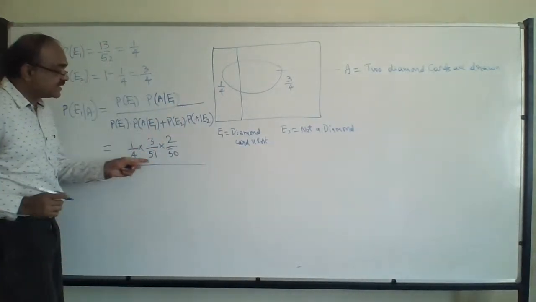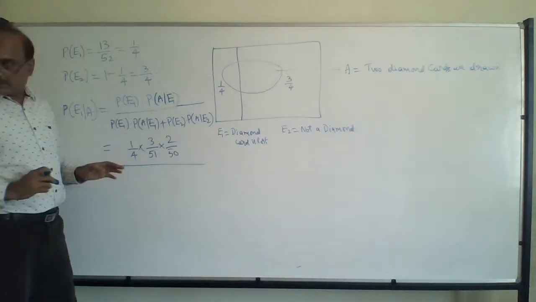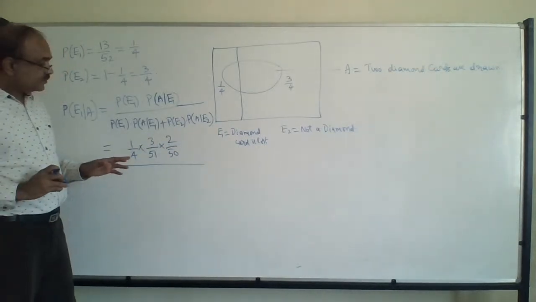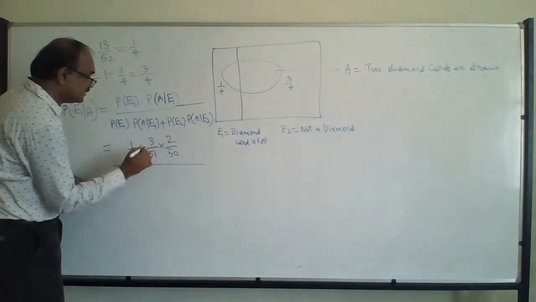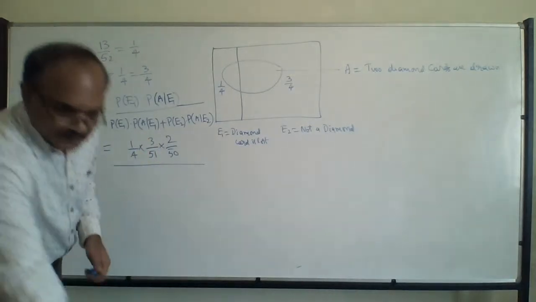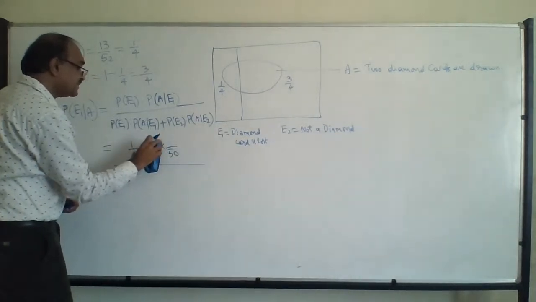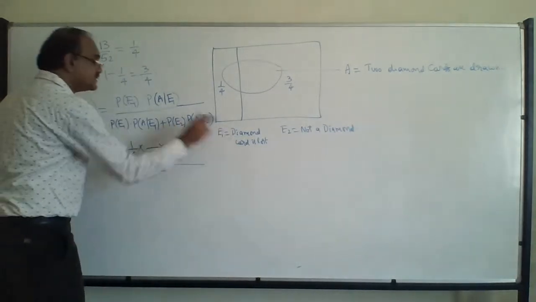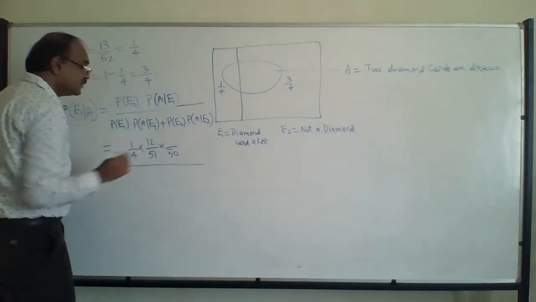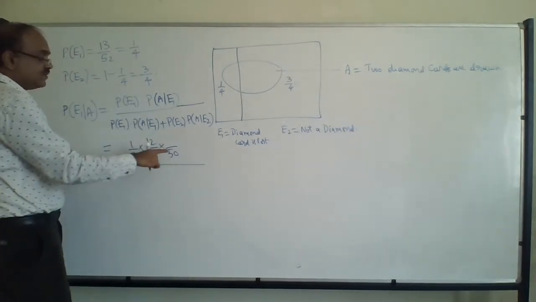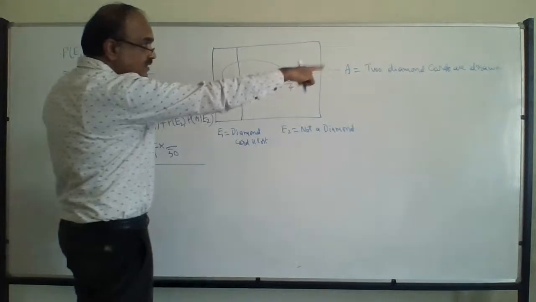Did you understand this? I'll explain once again. Sorry, I'm taking it as 4. Total 13 diamonds. Out of 13 diamonds, one card is lost. So 12 for the first diamond. Now you need to get the second card also. 2 diamond cards are drawn.